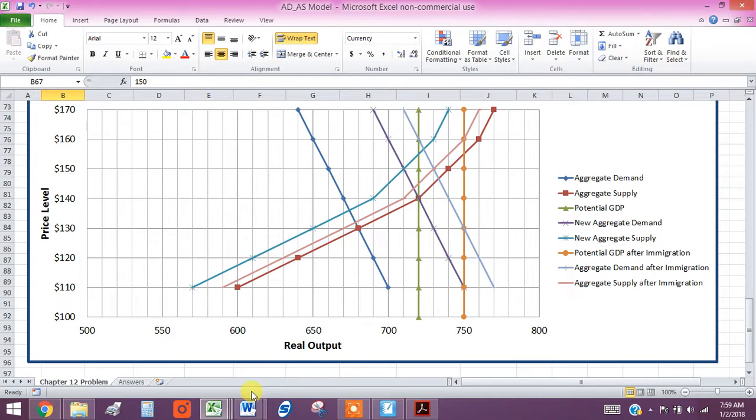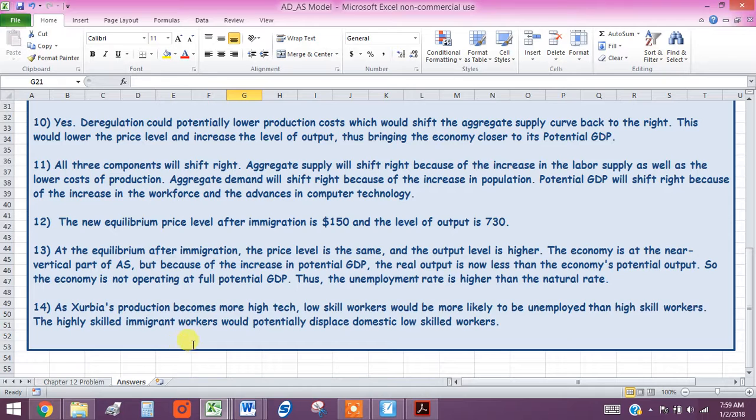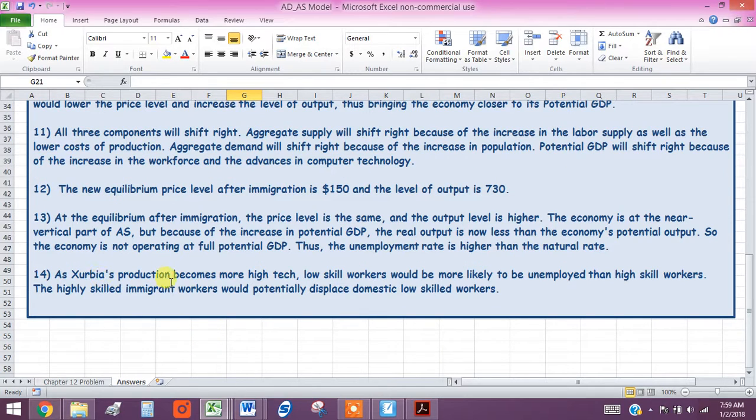And so the answer that I actually put in here, if you want to see it, is as Exurbia's production becomes more high-tech, low-skilled workers would be more likely to be unemployed than high-skilled workers. High-skilled workers, the highly skilled immigrant workers, would potentially displace domestic low-skilled workers.